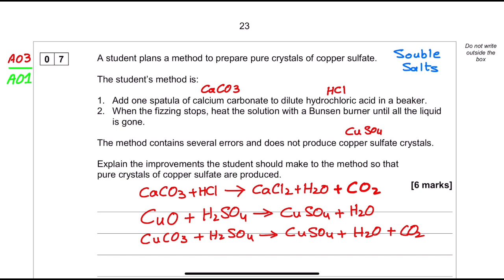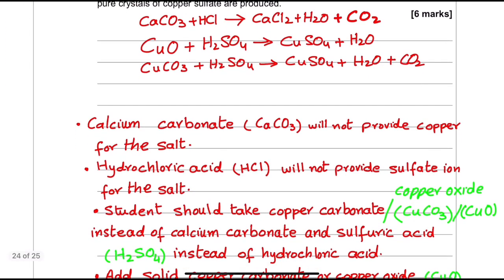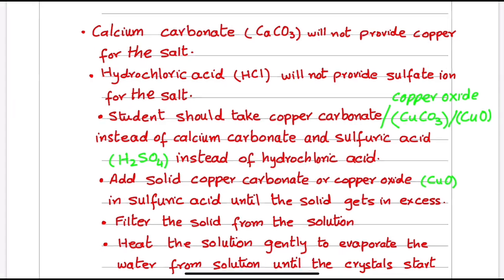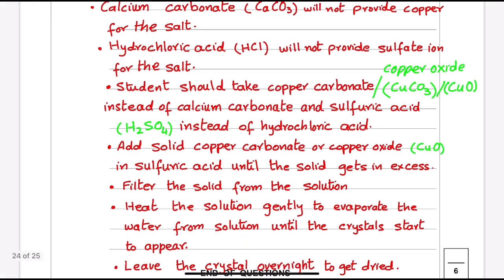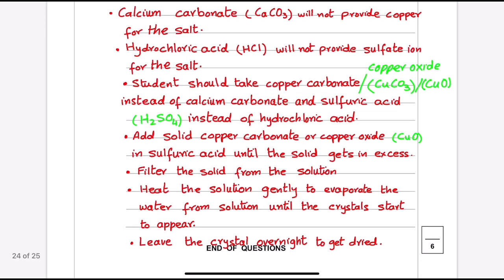Let's see the model answer. Calcium carbonate, CaCO3, will not produce copper for the salt, whereas hydrochloric acid, HCl, will not provide sulfate ions for the salt.